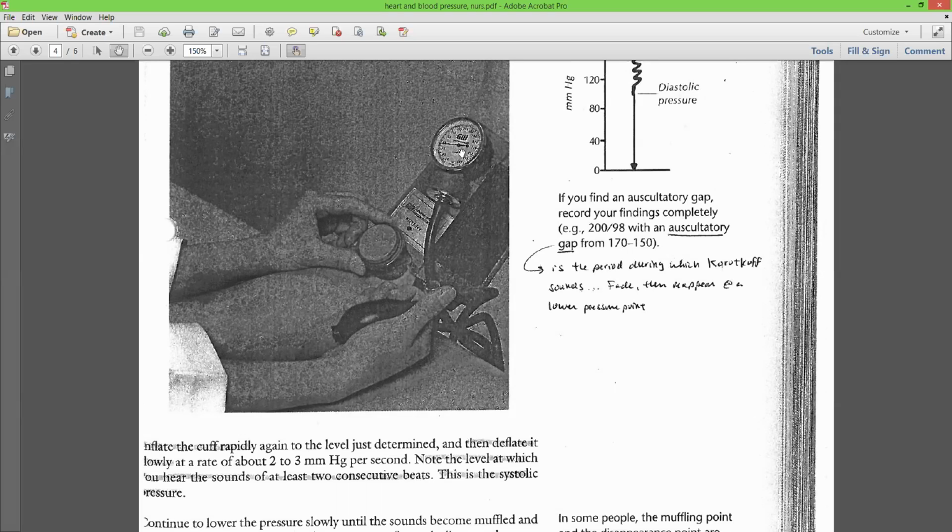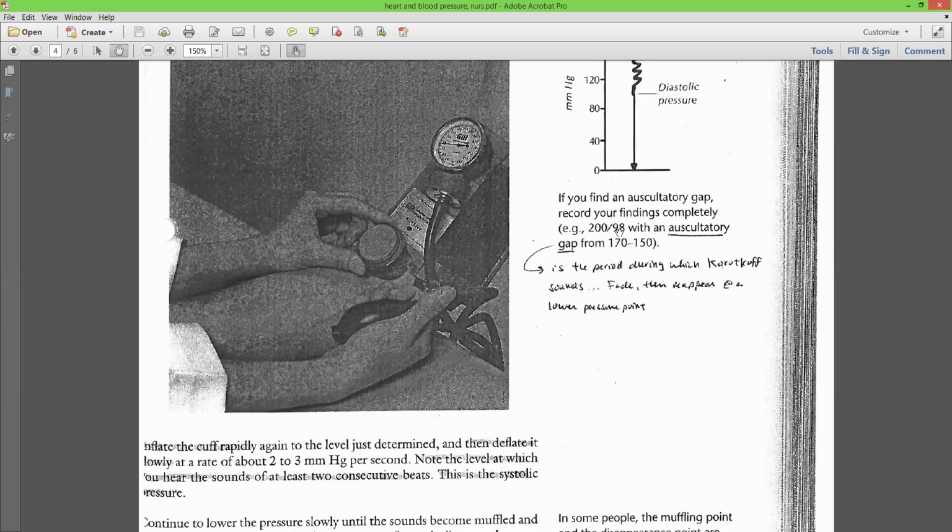In this example, let's just say this is their blood pressure: 200 over 98. That's high if that was their blood pressure. 200 is in the numerator, 98 is in the denominator. 200 is systolic, the first sound that you hear, the first Korotkoff sound.